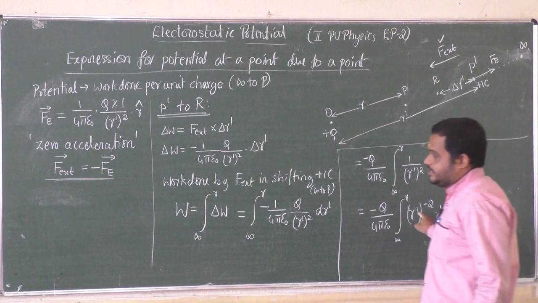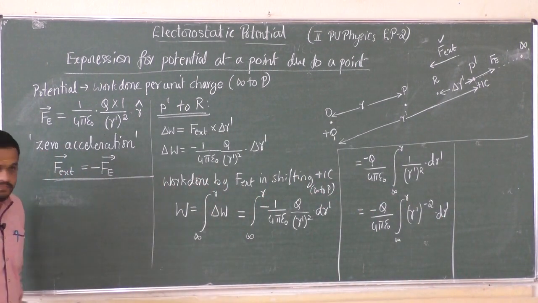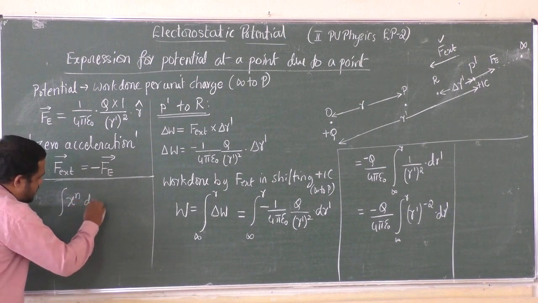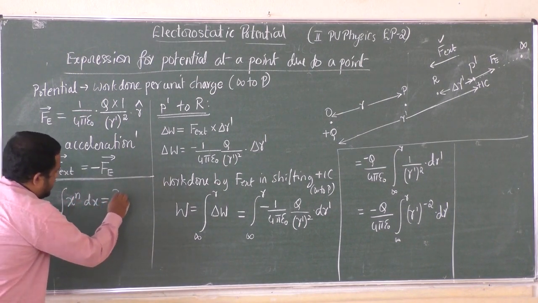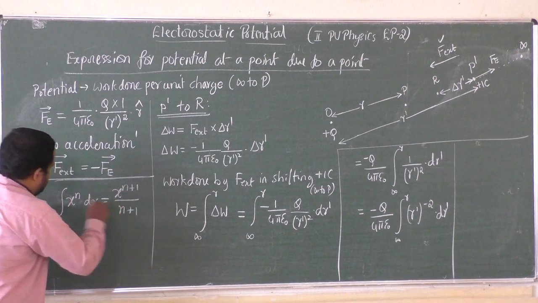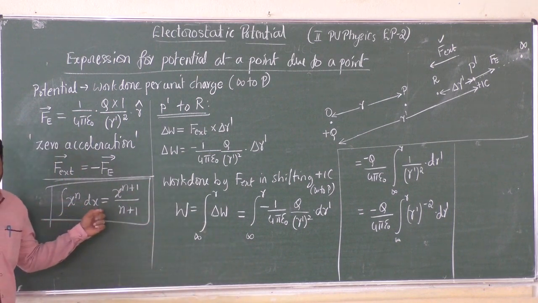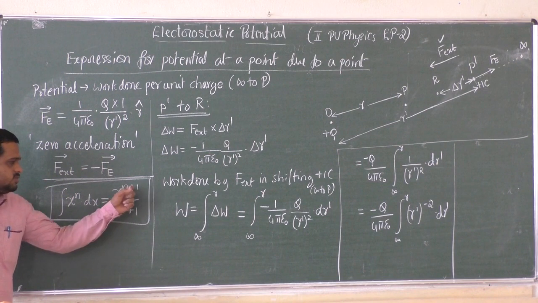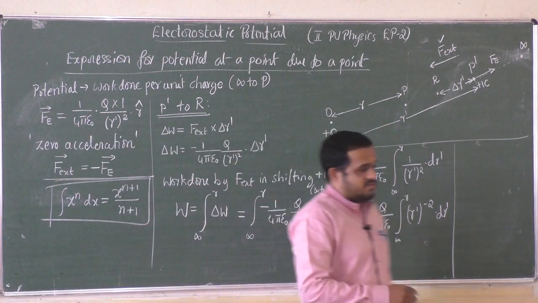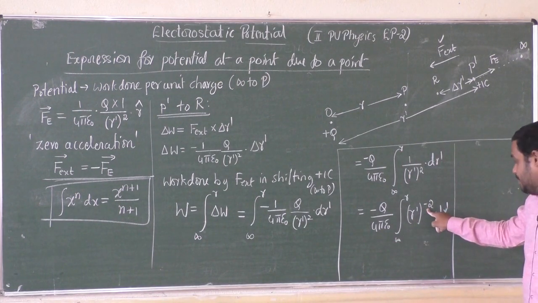We know the integration formula: integral of x to the power n into dx is equal to x to the power n plus 1 divided by n plus 1. Here instead of x we have r dash, and instead of n we have minus 2.